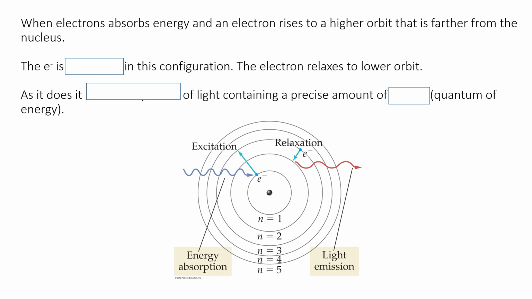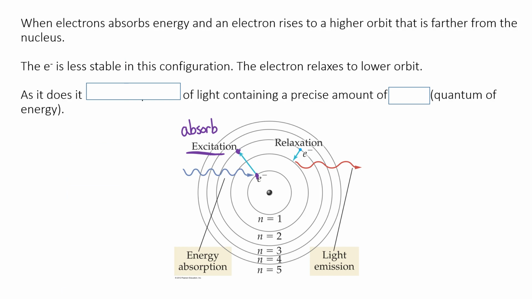So if you remember the little ladder thing that I had, if I give energy to this electron, it gets excited. So it's going to move from here to here. All right, so that's for absorbing energy. So absorbing energy excites the electrons. It puts them in an excited state.